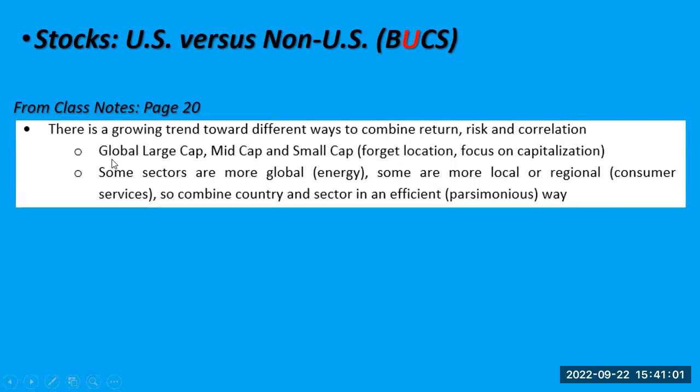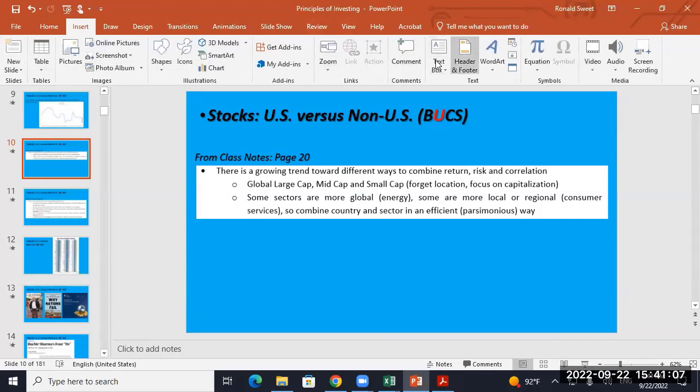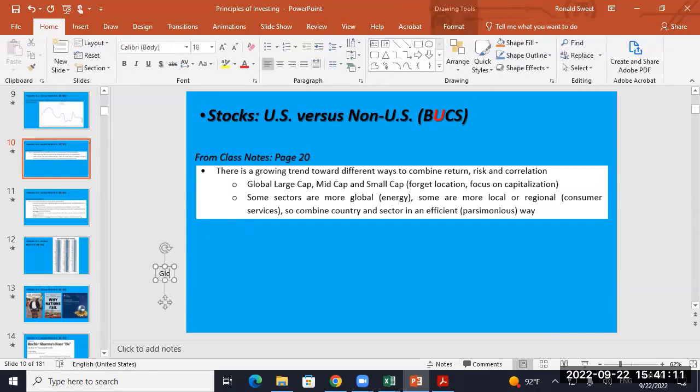One thing you need to know is the difference between global and international. Anybody have any guesses the difference? So you find a mutual fund that's a global stock fund. And you see another fund.